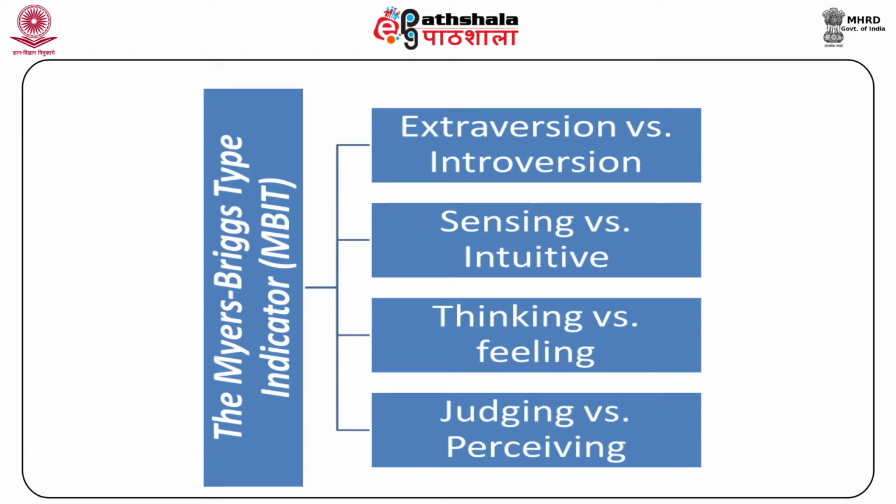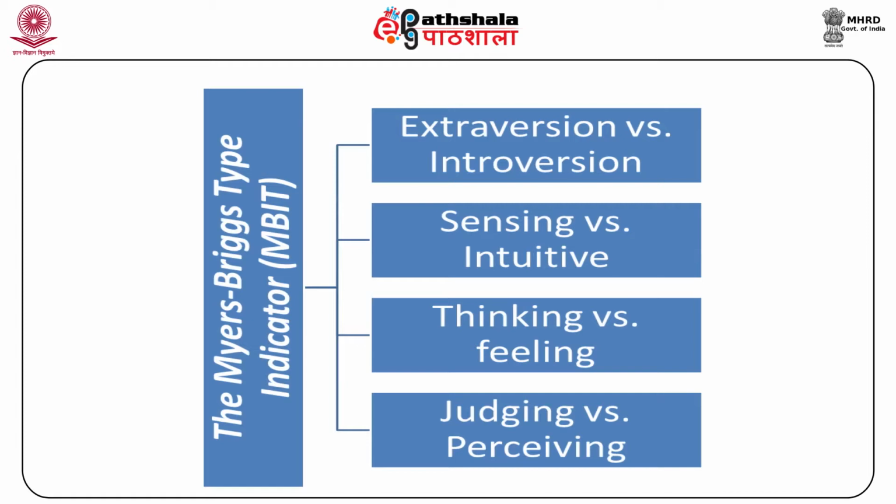Now, what is MBTI? It is a 100-question personality test that attempts to inquire how people usually feel and act in a precise way. The instrument classifies the respondents according to four types of characteristics. The first is extraversion versus introversion.